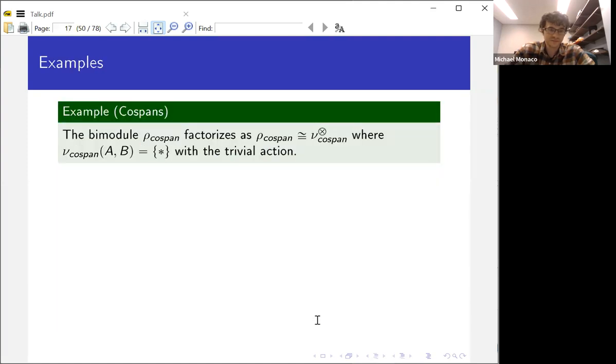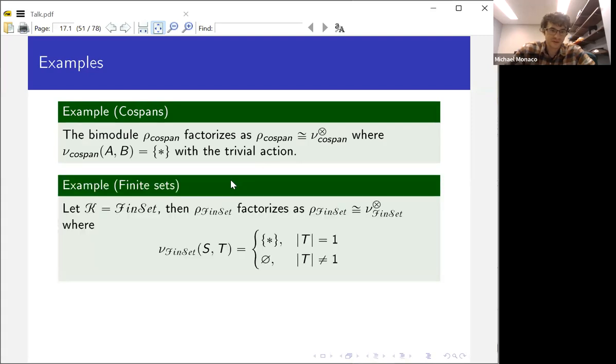Okay, so consider some examples of this. The bimodule rho cospan factorizes like this, and in fact, this nu cospan is defined very simply as a singleton set for each variable, the trivial action. Another example would be finite sets.